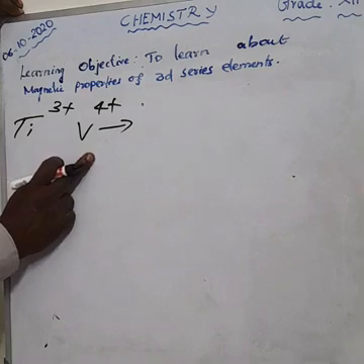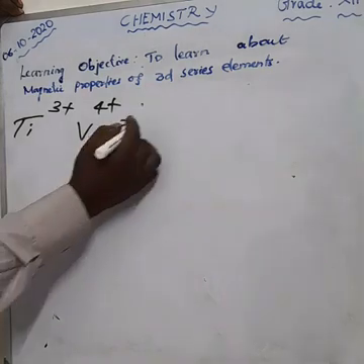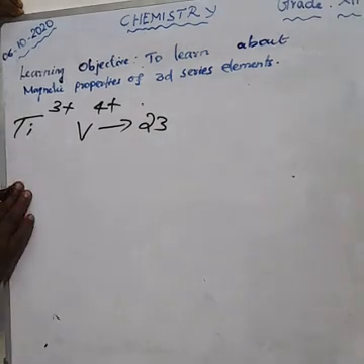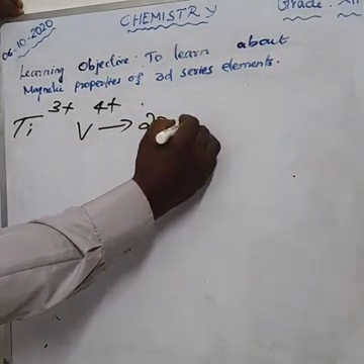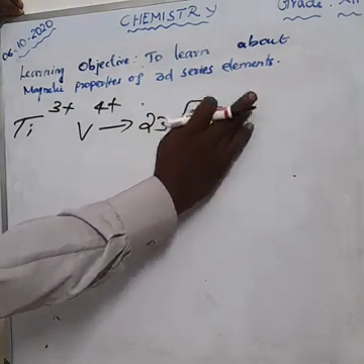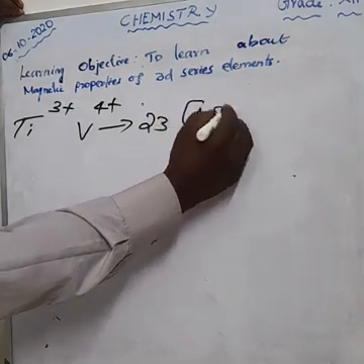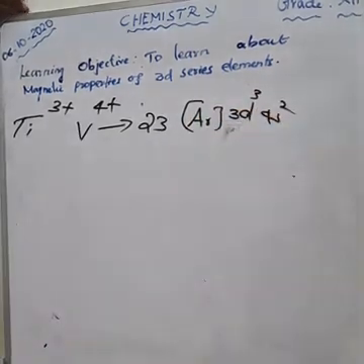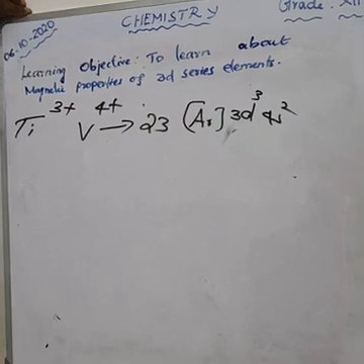What is the atomic number of vanadium? 23. Okay. What's the electronic configuration? Ar 3d3 4s2. Am I right? 3d3 4s2. That is the electronic configuration of vanadium.